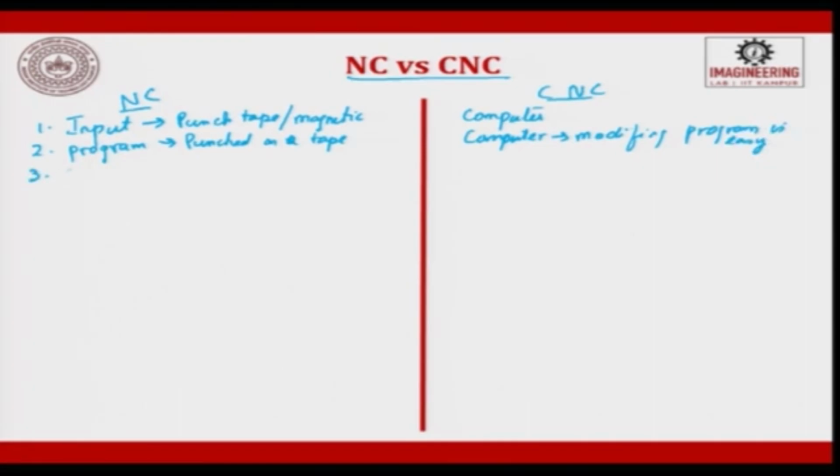Third point, operation parameters cannot be changed. For example, if you say that run it at 500 RPM, it will run at that. So, here what you can do is operation parameters can be changed.